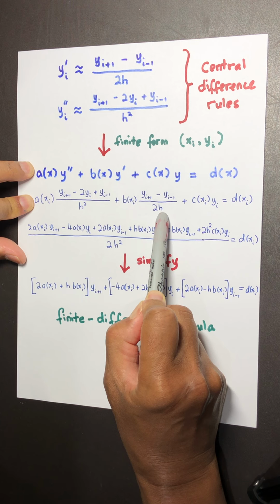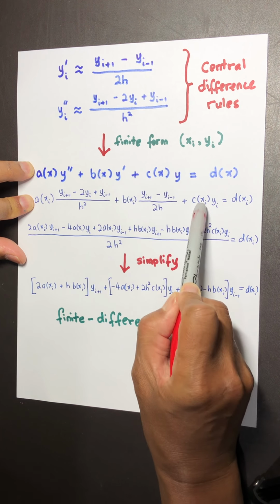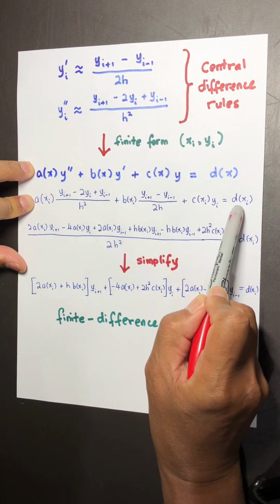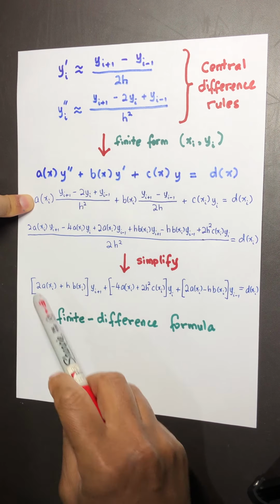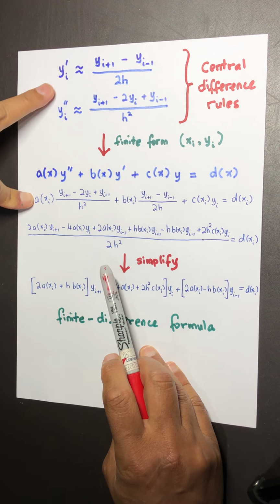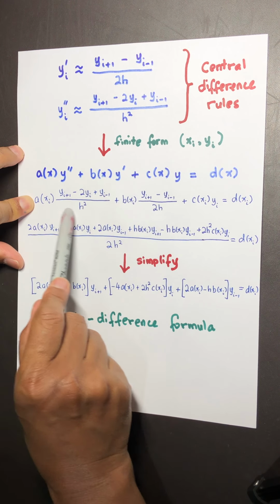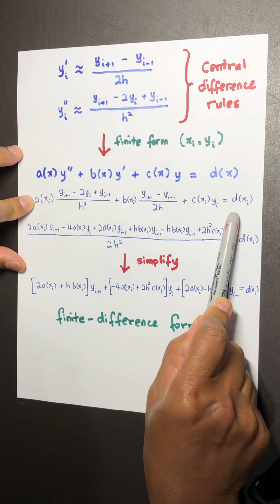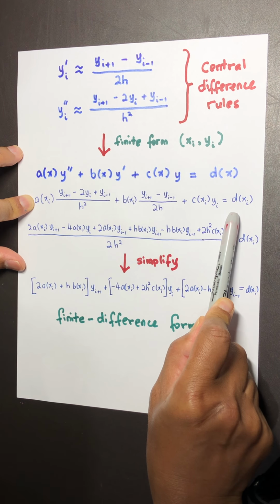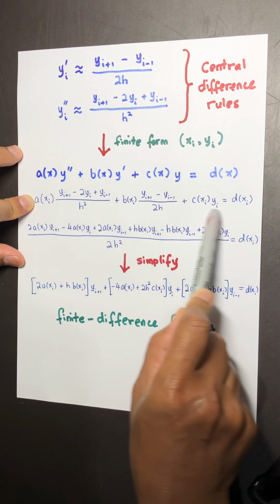And then c, y remain unchanged, and d also unchanged. So with the substitution of y prime and y double prime, we have a new equation, which is this one here.